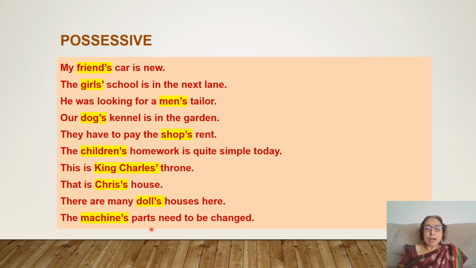The machine's parts need to be changed. The main noun is parts, but whose parts? Machine's. So machine apostrophe S. Wherever the noun ends in any sound other than an S sound, there we have apostrophe followed by S. An S-sounding word of two or more syllables has only an apostrophe. The plural noun ending in S has only an apostrophe, no additional S.